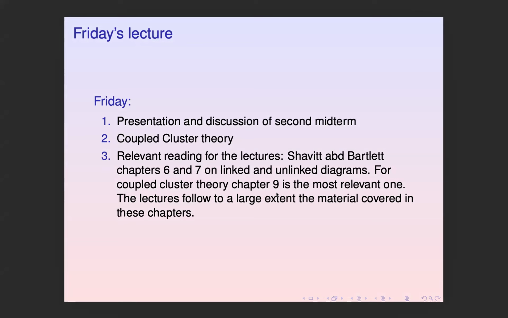The second midterm is a classic Hamiltonian, the so-called pairing Hamiltonian, which was suggested by Bardeen, Cooper, and Schrieffer to explain superconductivity. And to them, it actually gave the Nobel Prize in physics. Bardeen actually got the Nobel Prize twice for his work on semiconductor physics.